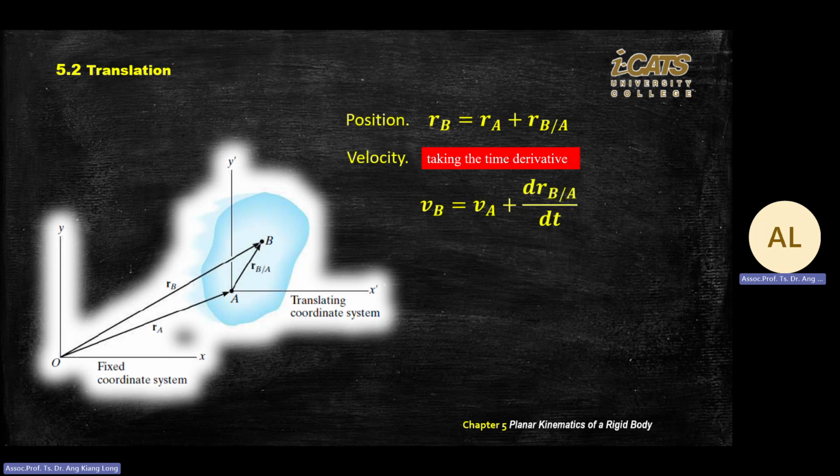So you still use v to represent velocity, but now you use r as the position for rigid body. So if you differentiate the position with respect to time, drB dt, you get vB, drA dt, you get vA, and for rB/A, you get drB/A dt.